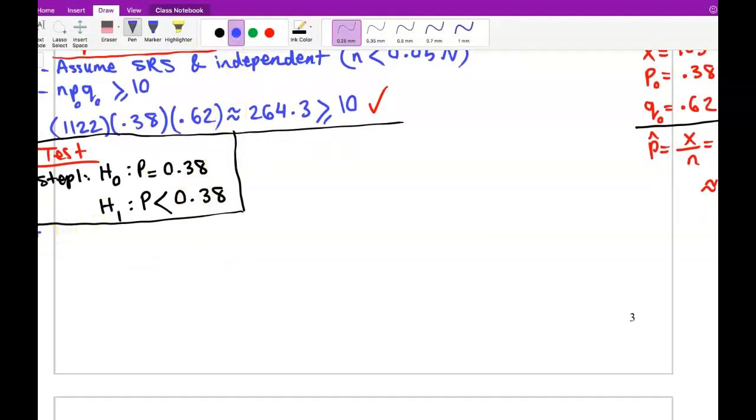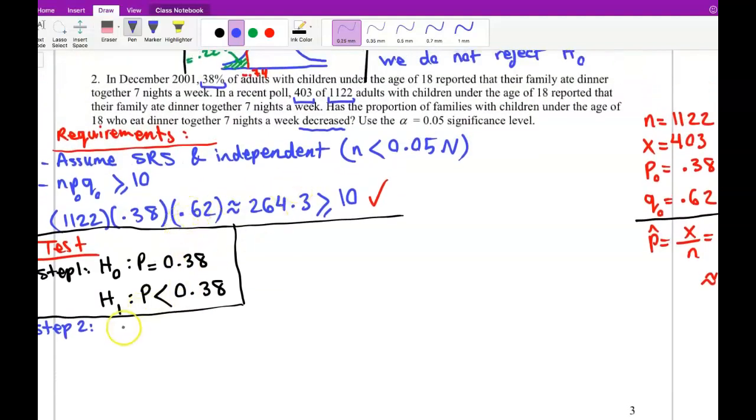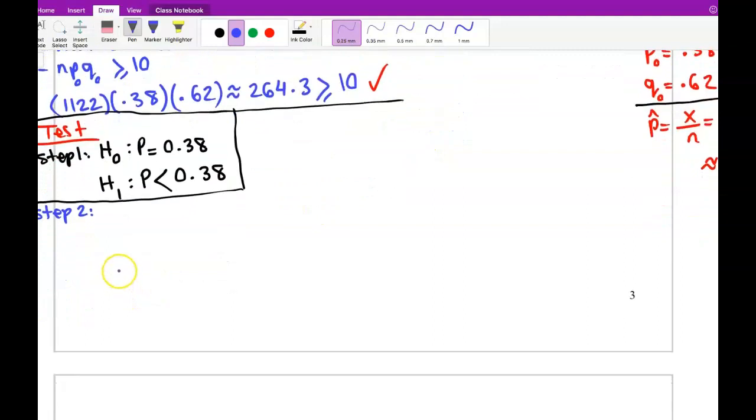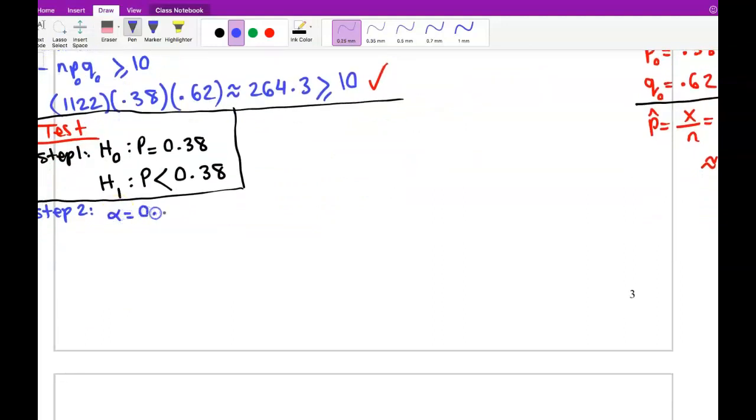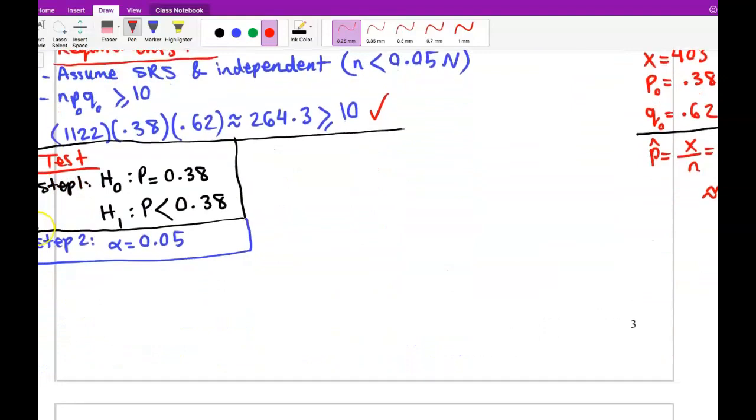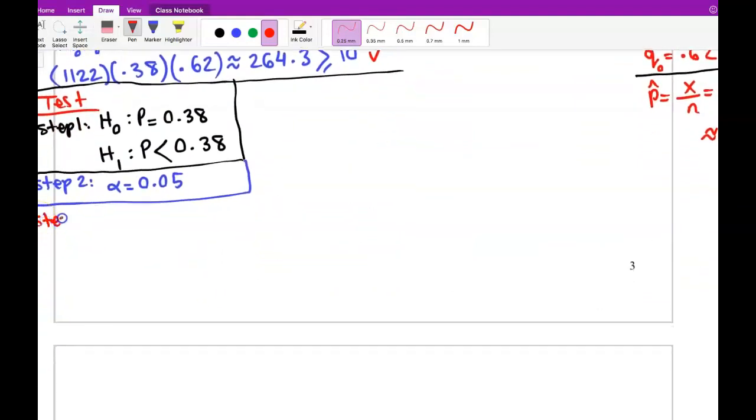Now step 2. You should find what alpha is. So alpha is given as 5%. Then step 3, finding z, or the test statistic.